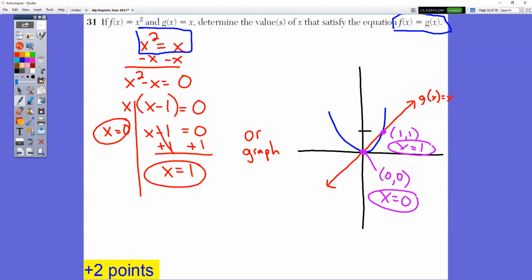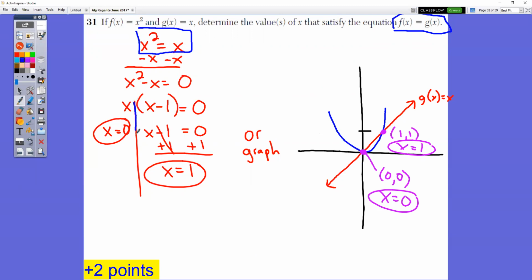When does x squared equal x? Well, in order to do this, I would get everything onto one side and set it equal to 0. So I did minus x and minus x. Now I can factor that part of the equation. I can factor out an x, so the x goes outside the parentheses. All the leftovers go inside.